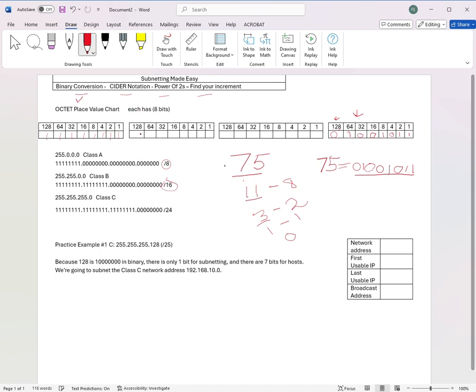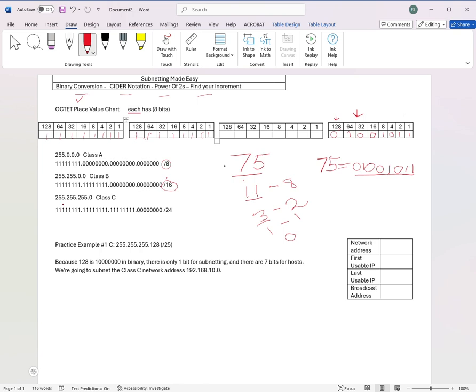And then we would just write 1 here, 1, 1, 1, 1, 1, 1, 1. And all bits are on here, and that's our /16, our class B subnet mask.